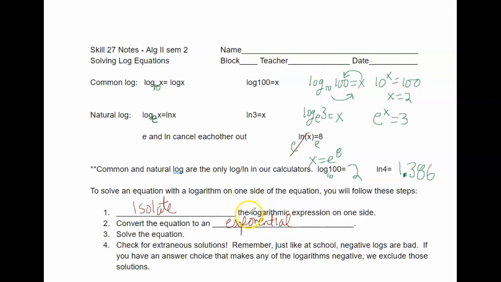That means any solution that would make a log negative is bad and we can't use it. So knowing that, we're going to start the next two problems.